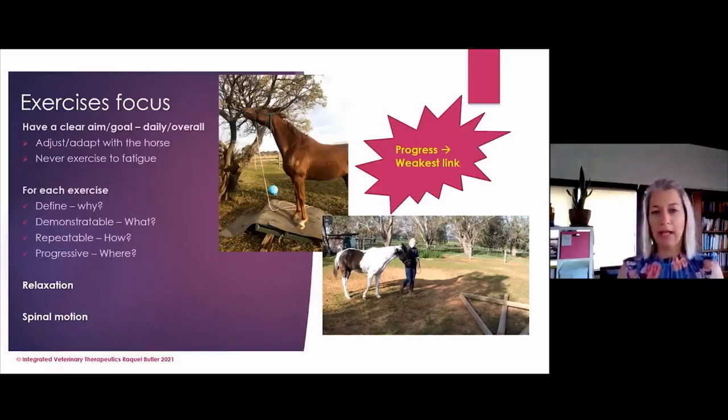We also want the horse to be relaxed. A relaxed and calm horse will heal a lot quicker than a stressed and braced horse, and you will get a lot better outcome. So if you're noticing stress or brace in your horse, then you have to try to figure out how you can alleviate that. What is the underlying problem?